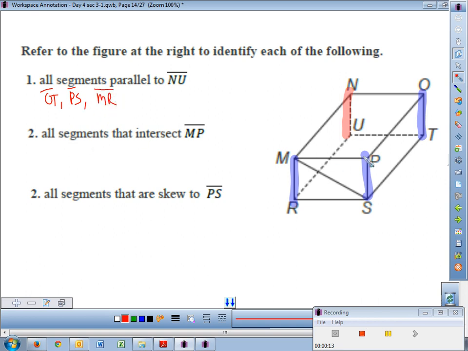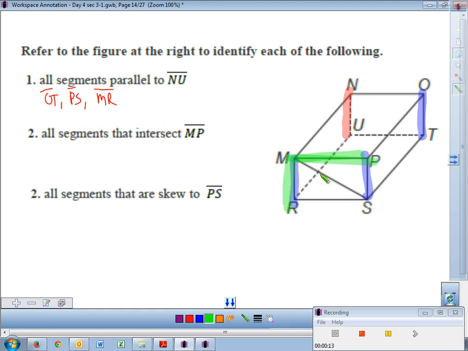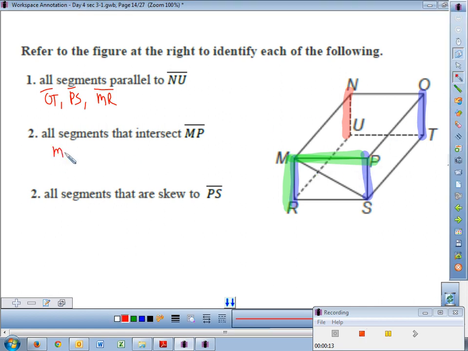All segments that intersect segment MP. So let me find segment MP. And let's just find one to start with. This segment MR definitely intersects it. And it's pretty obvious segment MR intersects segment MP. The question is, where do they intersect? Don't they intersect at point M?